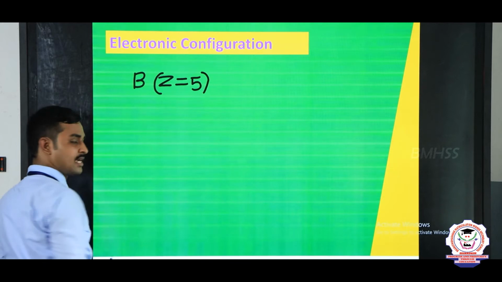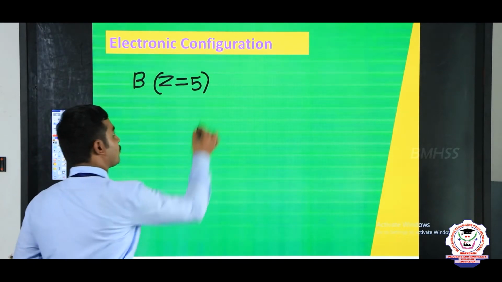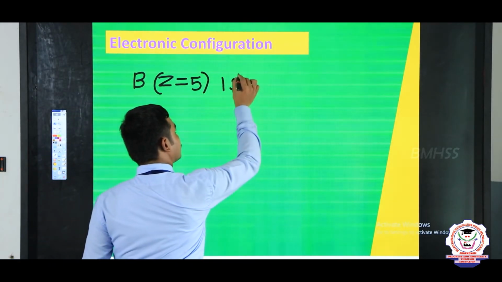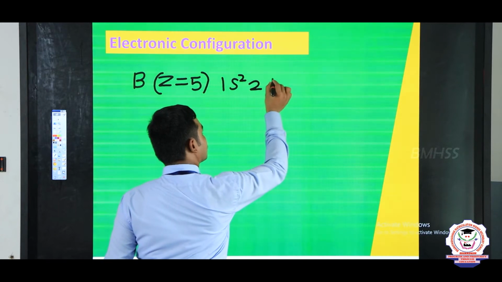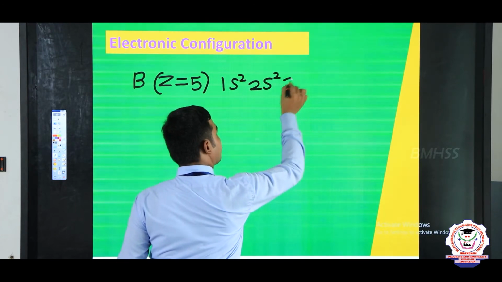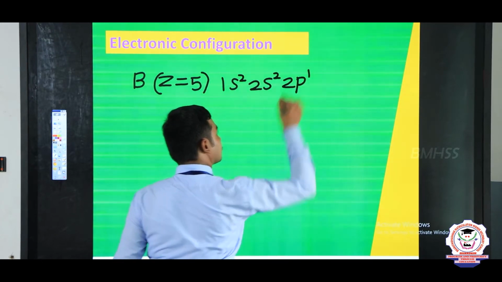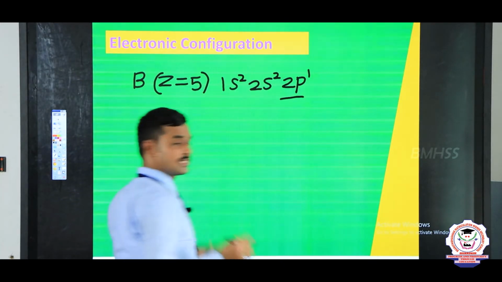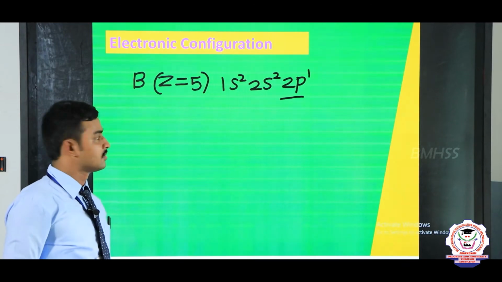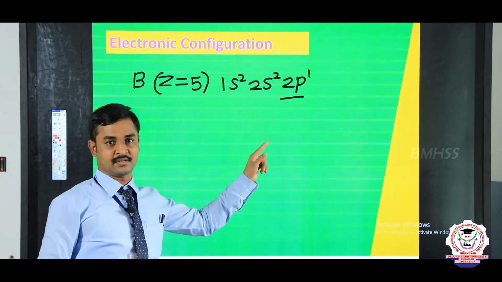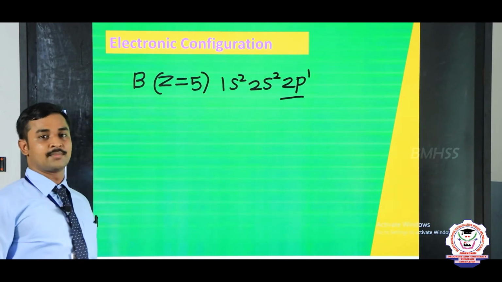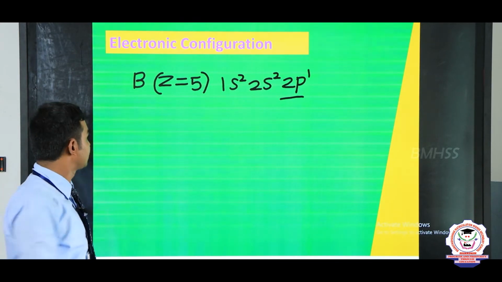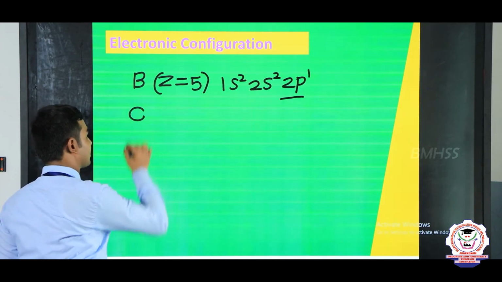So, you can know that the electronic configuration of the boron atom is 1s2, 2s2, 2p1. Look here, students, the first electron enters the p block for the first time in the 2p orbital. So, boron is the first element in the p block elements, and our next element is carbon.